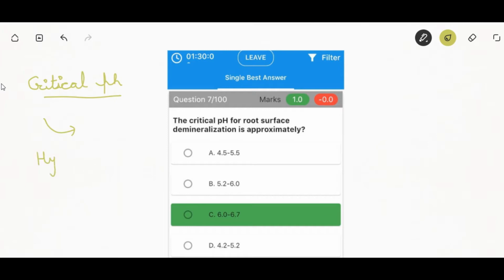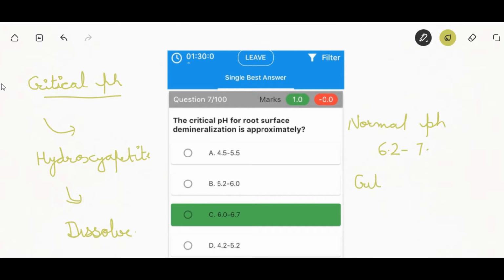The normal pH of the mouth is 6.2 to 7, whereas the critical pH for enamel demineralization is 4.5 to 5.5, whereas the critical pH for root demineralization is 6.6 to 6.7. So we see that root demineralizes more easily than enamel.